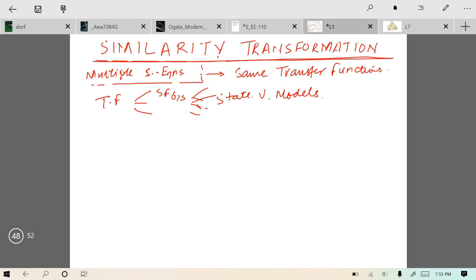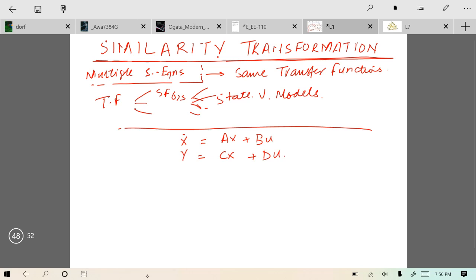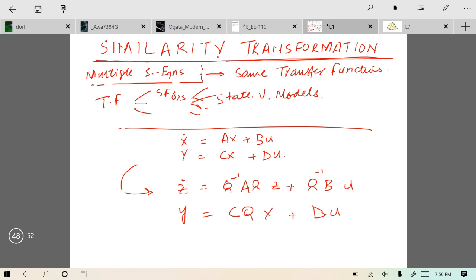For example, if we have x dot equal to ax plus bu and y equal to cx plus du, then we can have another set of state equations, which is z dot is equal to q inverse aq z plus q inverse b into u, and y is equal to cqz plus du.